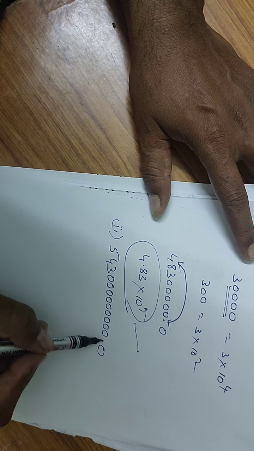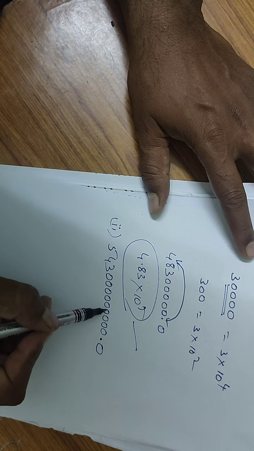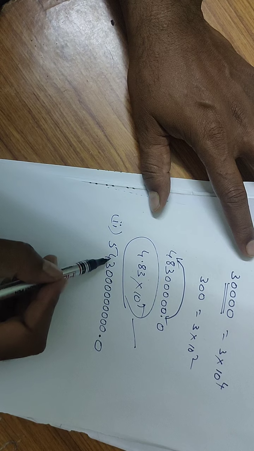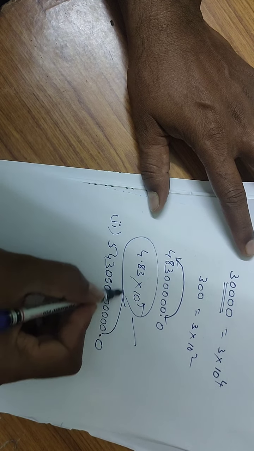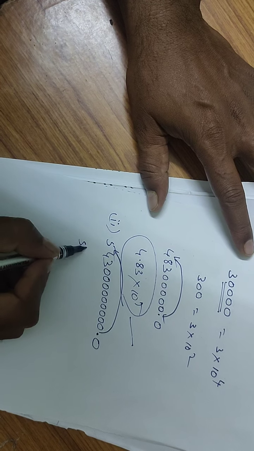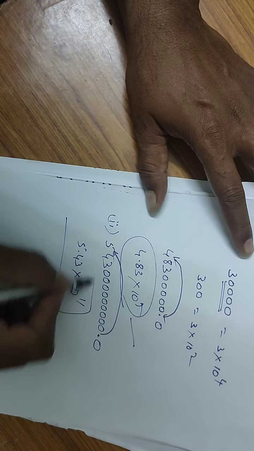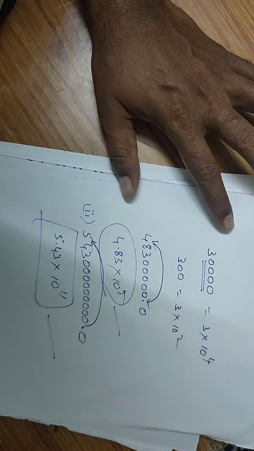The point is not written, so it is after the last digit. 1, 2, 3, 4, 5, 6, 7, 8, 9, 10, 11, because the point should come after one number. So it has to cross 11 digits, meaning 5.43 into 10 to the power of 11. That's it. This is the easiest way to express in standard form.